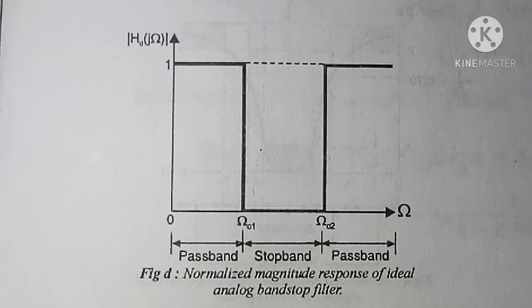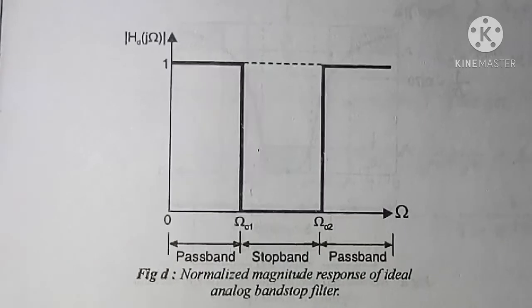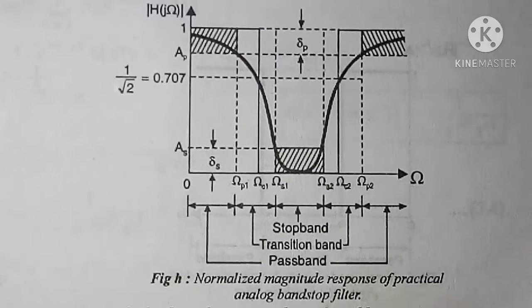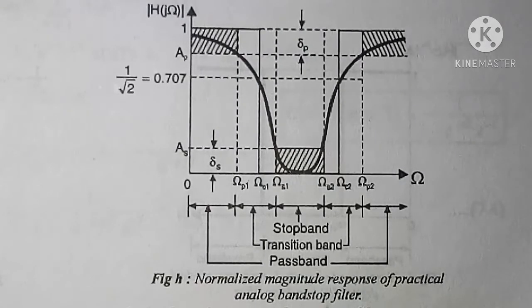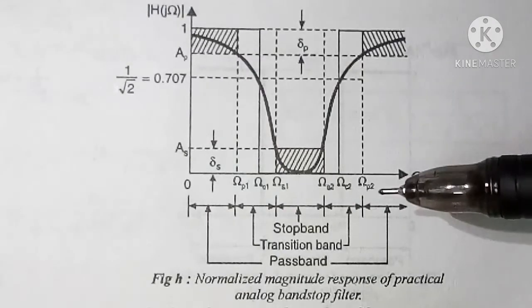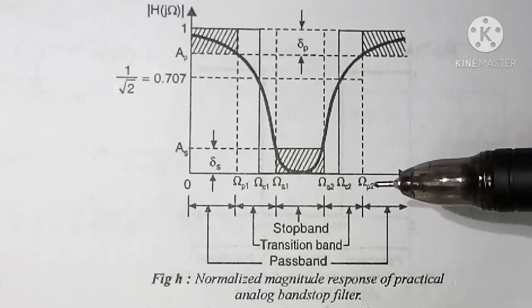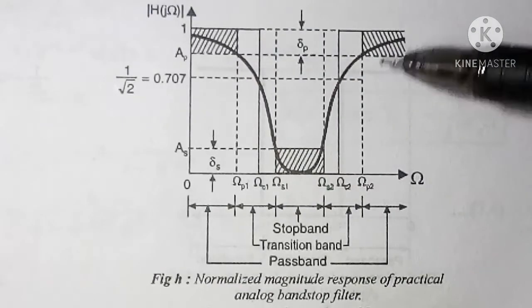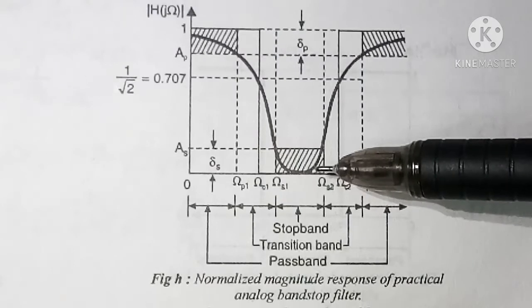Now we will see the frequency response of practical analog bandstop filter. In normalized magnitude response of practical analog bandstop filter, we can see the variation in the magnitude in the two pass bands and in the stop band.